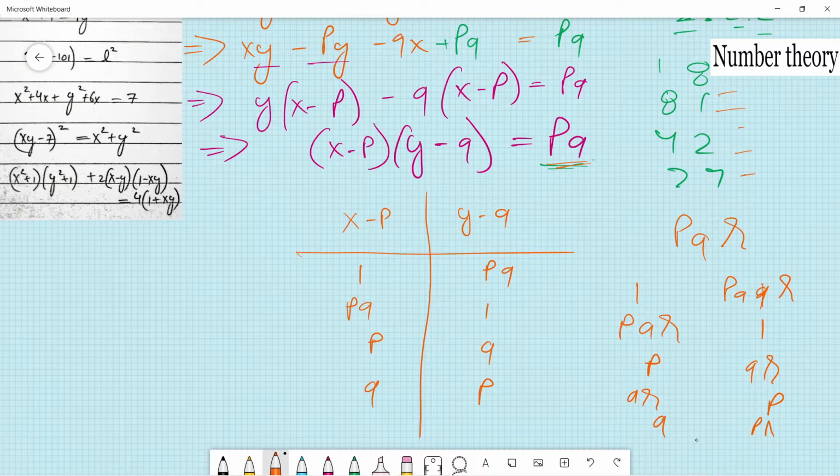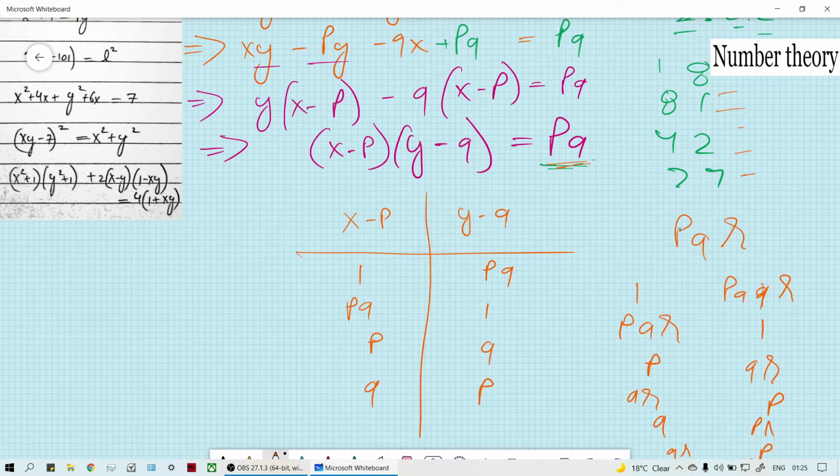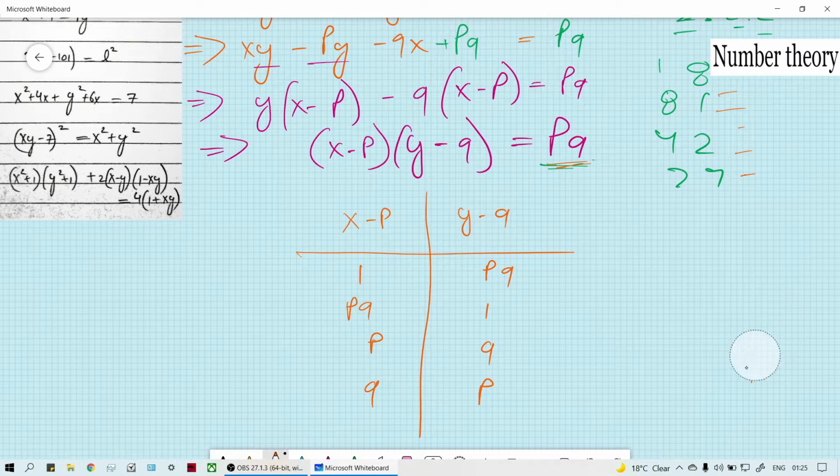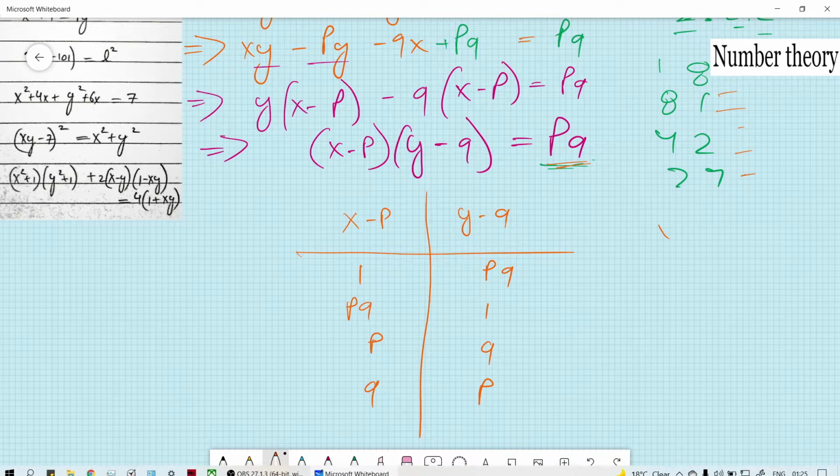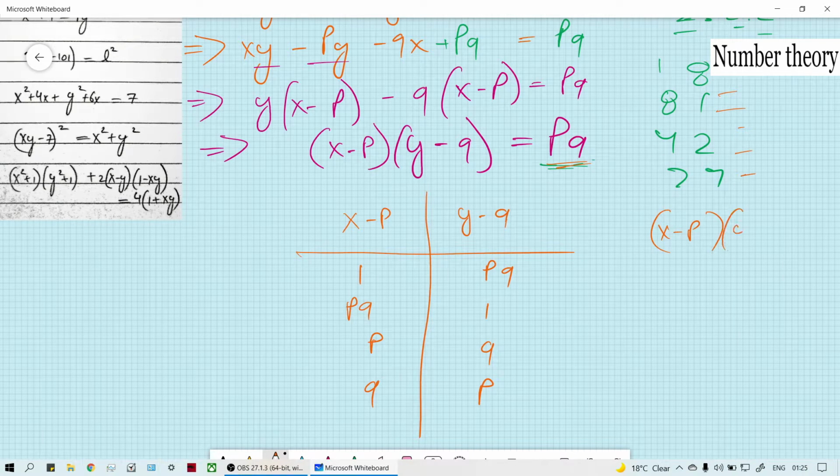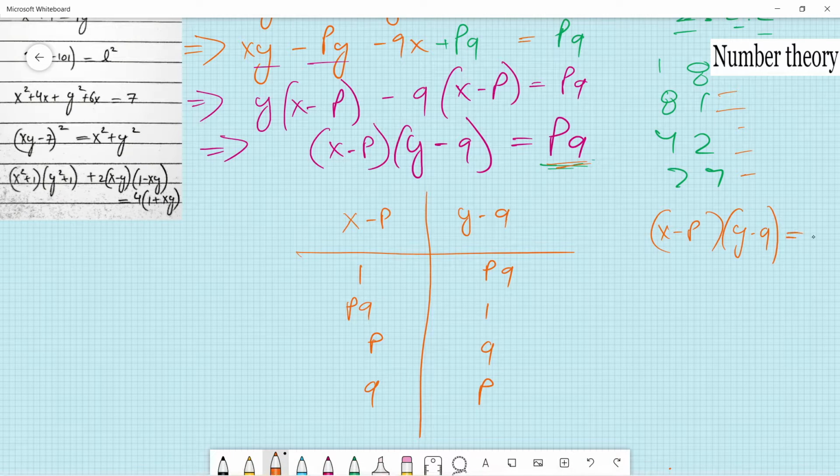And then q, r, p, then we can also take r, p, q. You see, we're going to get more cases as the primes increase on the right hand side. If we only had 1 prime, say we had x minus p, y minus q as a single prime, say 7, we only have 1 and 7, and 7 and 1, 2 cases. So the fewer the primes, the easier it becomes.